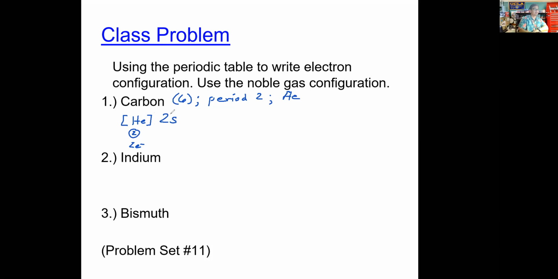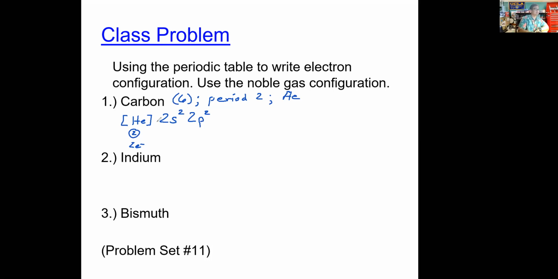That's the very first square we count. We count square number 2, 3, square number 4, and so those two squares represent the 2s squares. So we indicate that, and then we get to the 2p, and we're going to count 2 squares in to get to carbon.